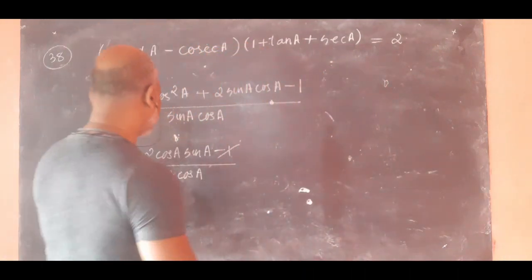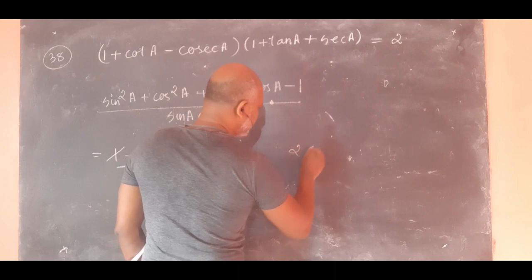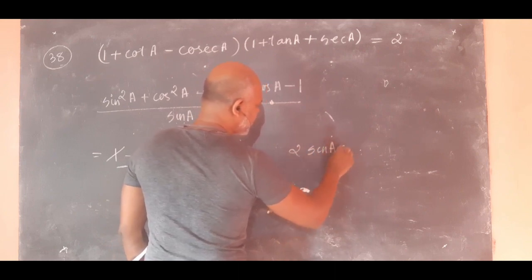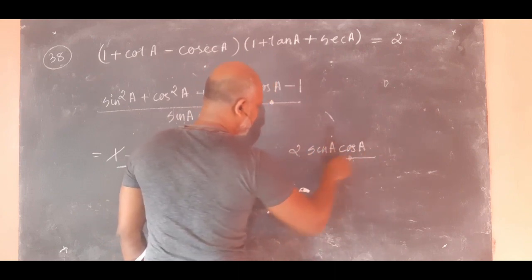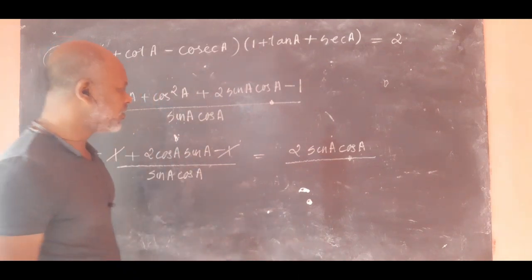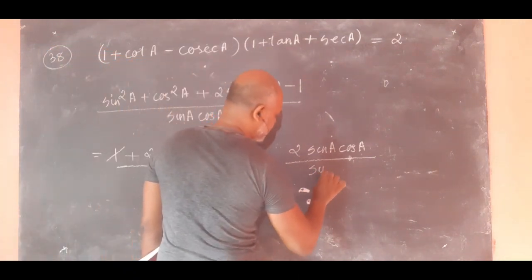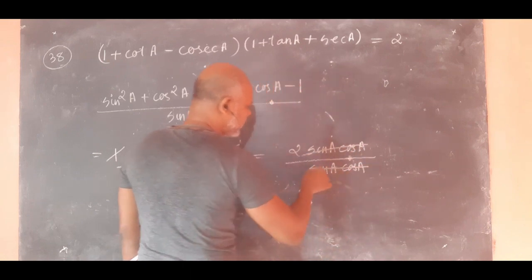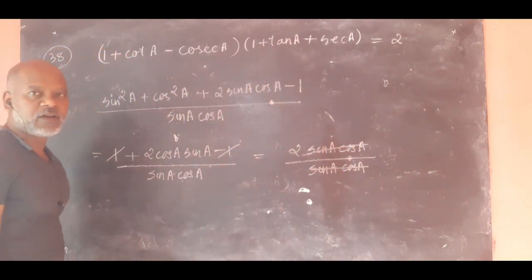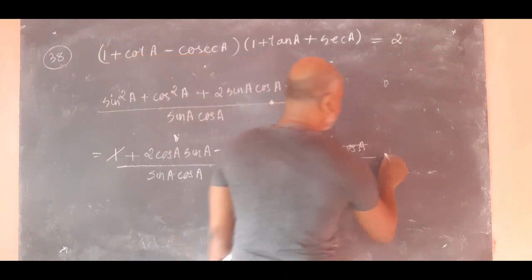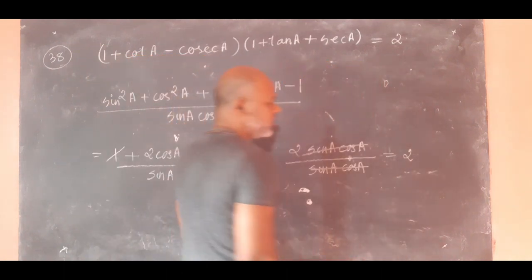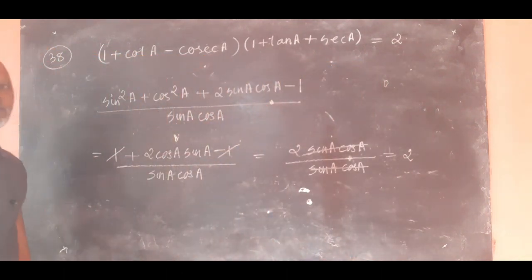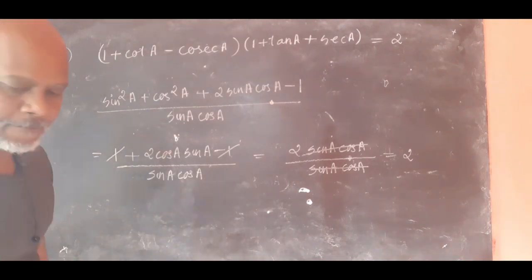And then we have 2 sin A cos A divided by sin A cos A. We can cut off the common from the numerator and the denominator, and our answer is 2. So now again we prove LHS is equal to RHS.